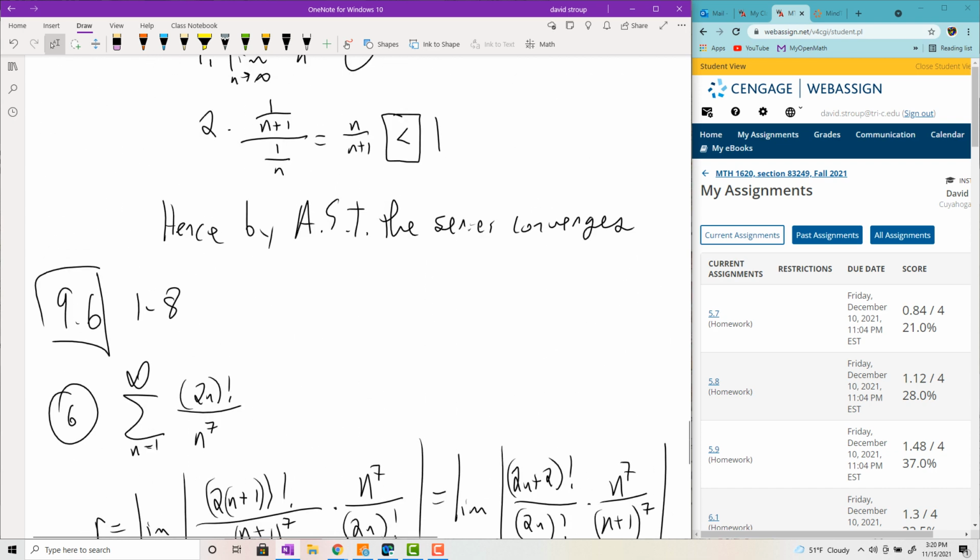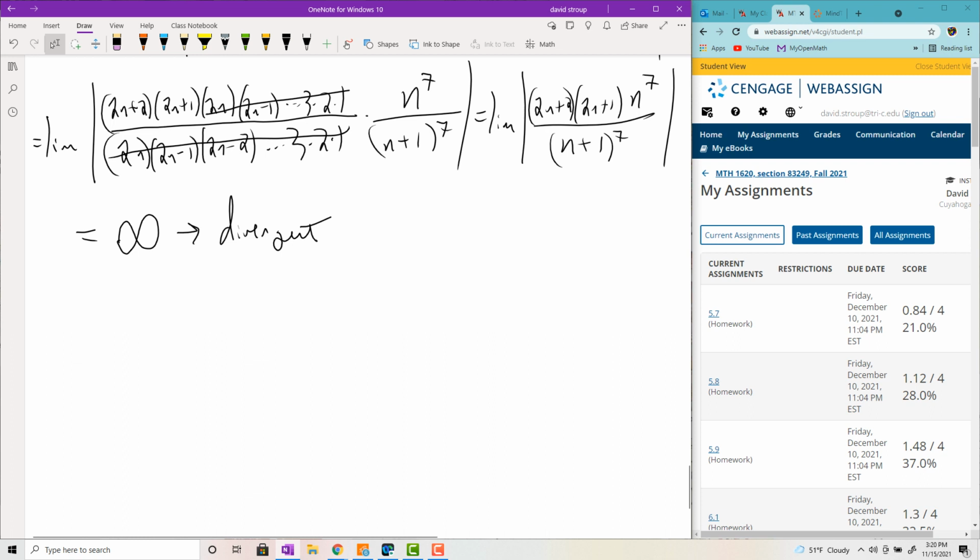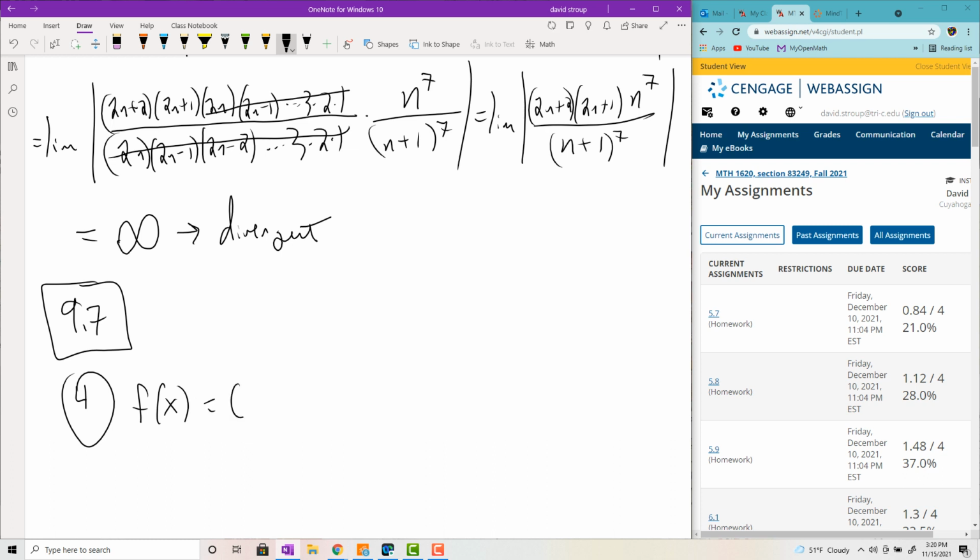Anyways, 9.7, we sort of then get into the polynomial stuff, which is kind of our goal for this whole chapter. We just begin with forming polynomial representations for functions. So number 4, we want a Maclaurin polynomial for 6 cosine of pi x, and we want it to be 4th degree, and Maclaurin means it's centered around 0.